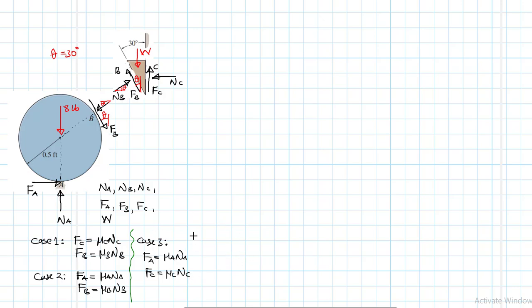Do we have any other combination? No, these are the only cases because we only have 3 contact surfaces, A, B, and C. So if we combine them 2 at a time, we'll have 3 possible cases. These are the 3 cases that we need to try.